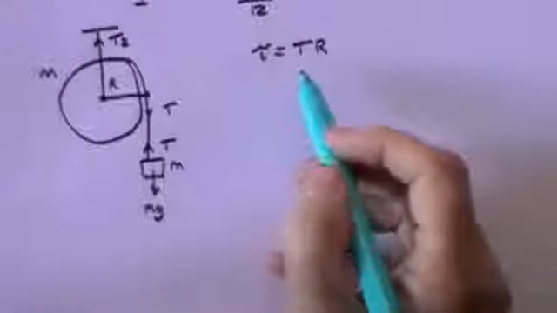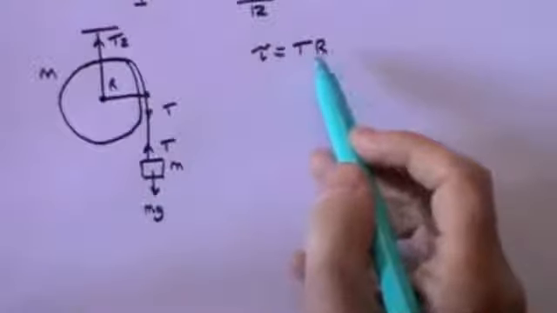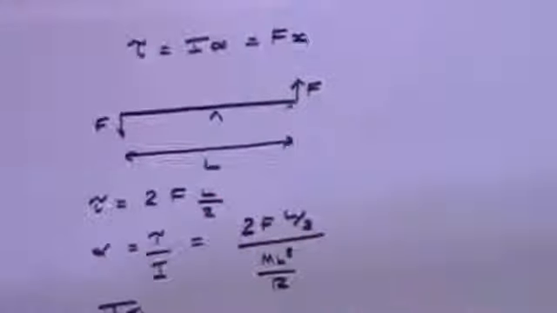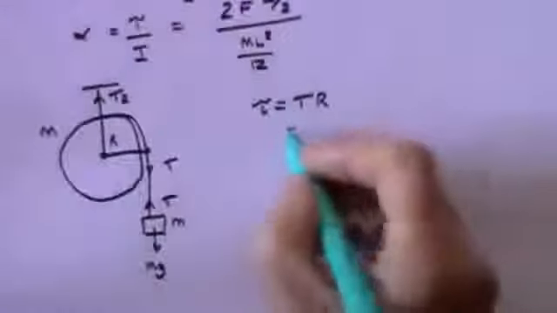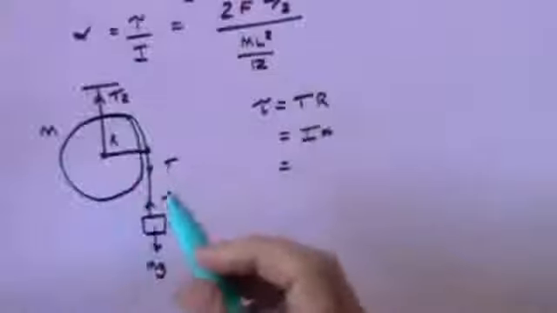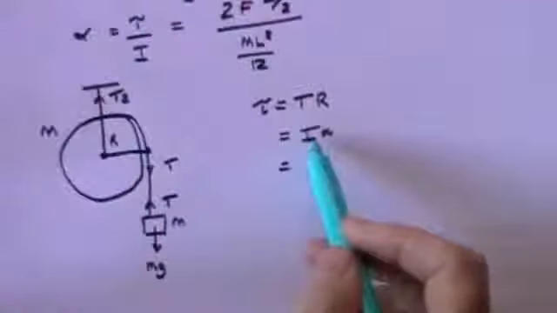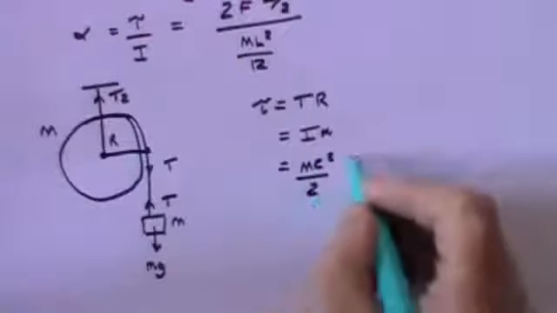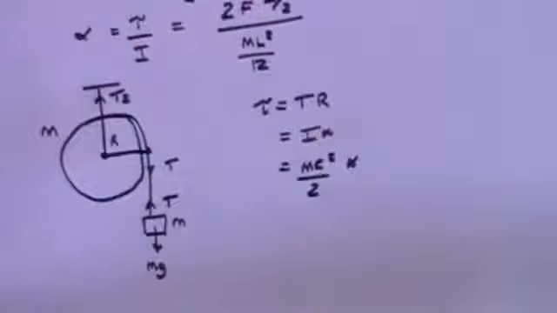So tau is T times R, but as we've already shown before, tau is also equal to I times alpha. And for a disk, we've shown that the moment of inertia I is Mr squared over 2, times alpha.